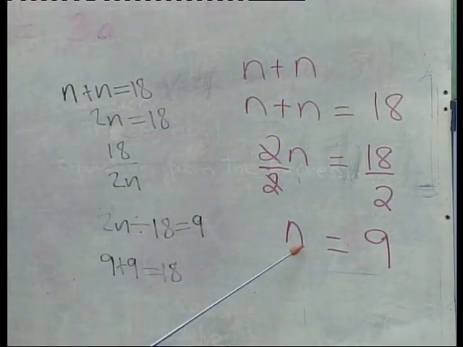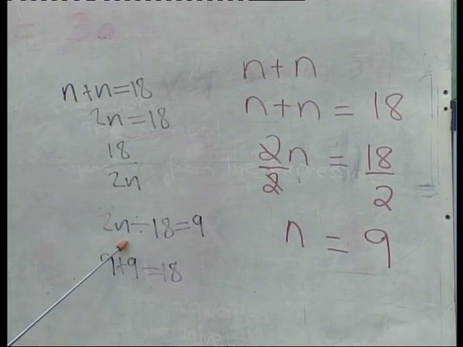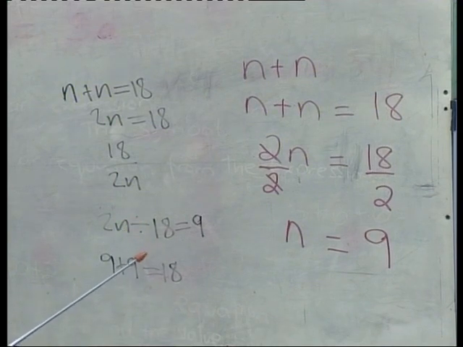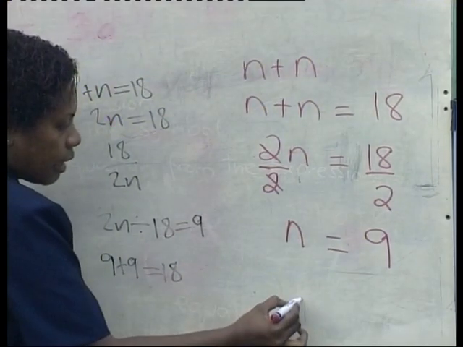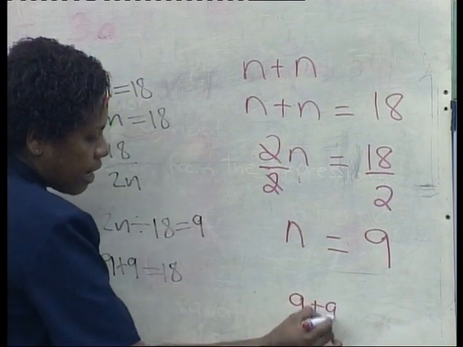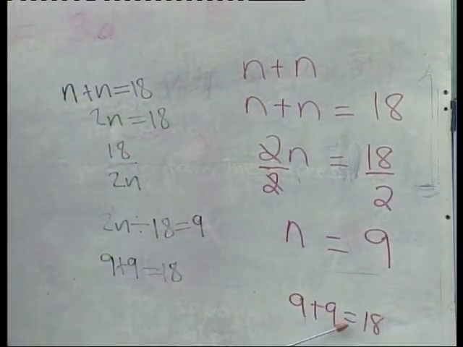So the value of n is equal to 9. Now here, we cannot find the value of n. All right? Donald? So when you want to confirm now, you can say 9 plus 9 is equal to 18.